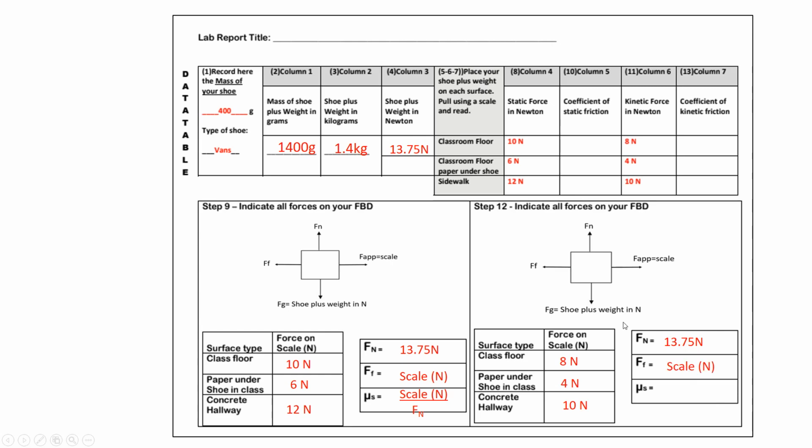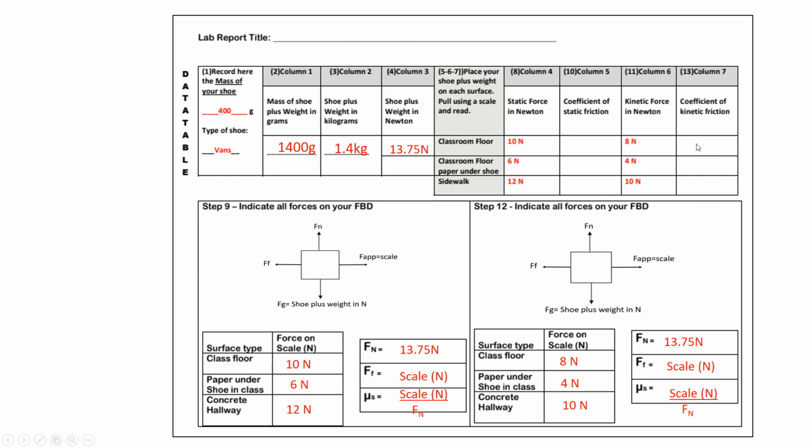Your friction force is the same thing that you are reading on the scale, and the coefficient of friction that you are going to calculate in column 7 will be what you read on the scale, 8, divided by Fg, or Fn, which is the same. So 4 divided by 13.75, and 10 divided by 13.75, sorry.